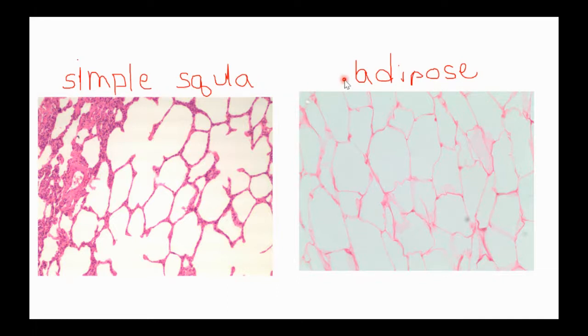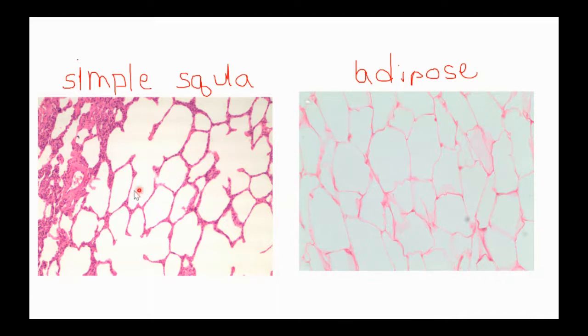Compare adipose, loose connective tissue, to simple squamous epithelium. Because see, when I put these tissues side by side, notice how on both of these kinds of slides, it looks like I've got open spaces.